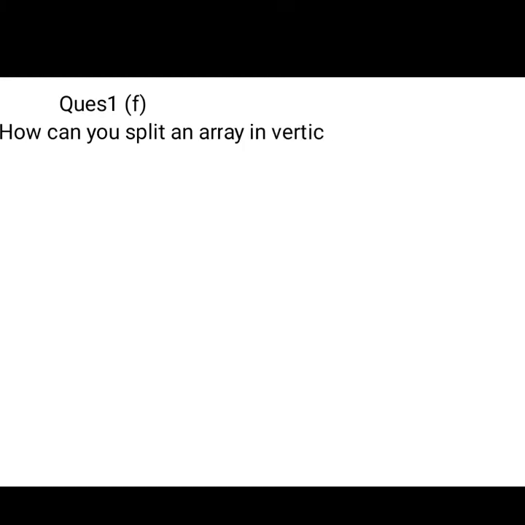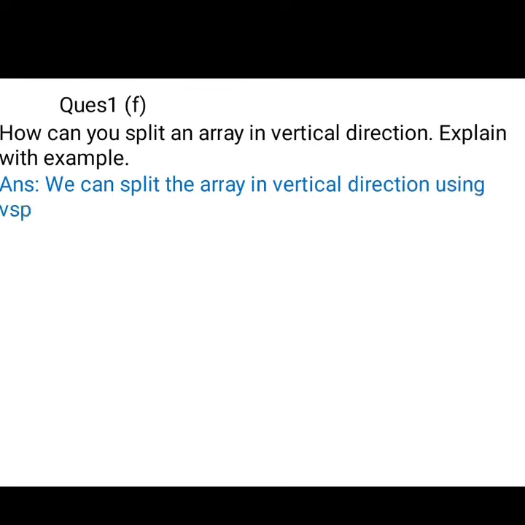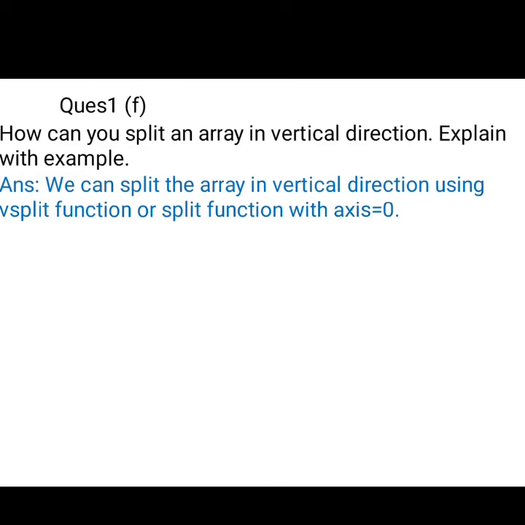Question first, F part. How can you split an array in vertical direction? Explain with example. So students, we can split the array in vertical direction using vsplit function or split function with axis is equal to 0.